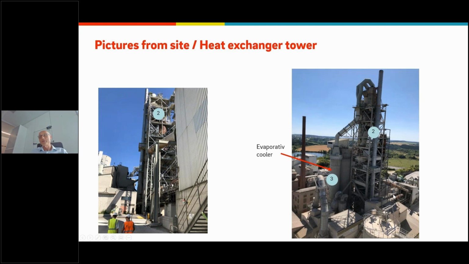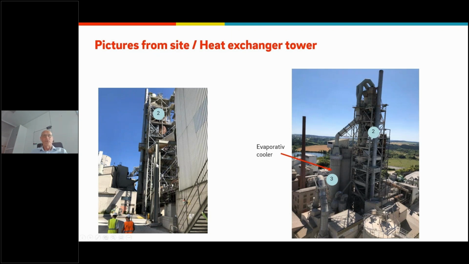And the exhaust is going the other way, from here to here, and up to here. And this is the evaporator cooler. It's a cooler where water is blown. The exhaust is going through the cooler, and a lot of water is blown inside, and in this process the exhaust will cool down.